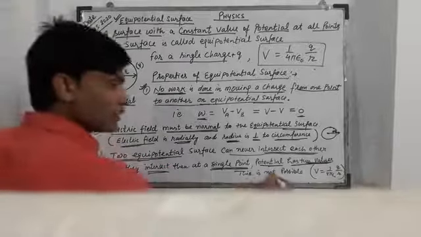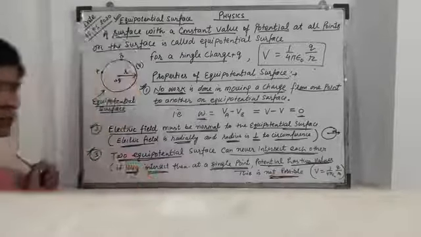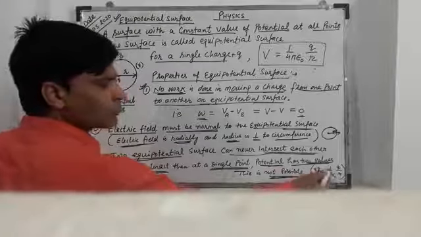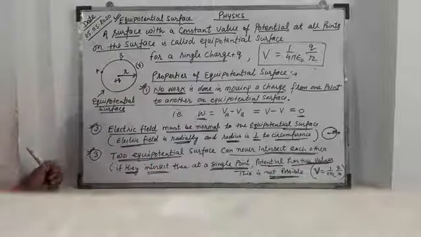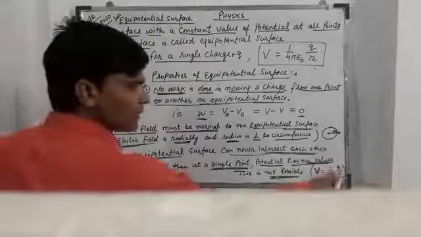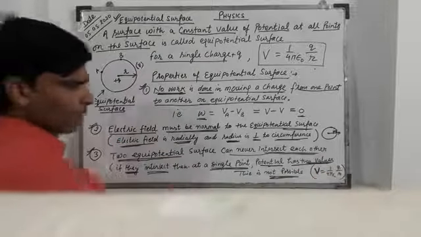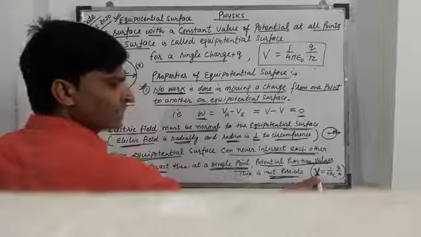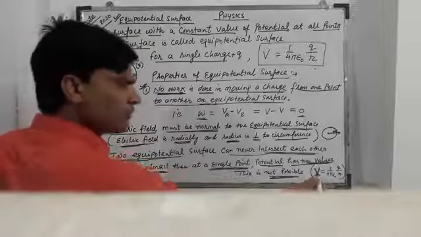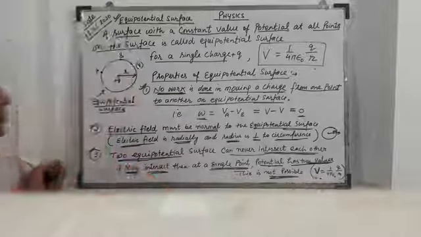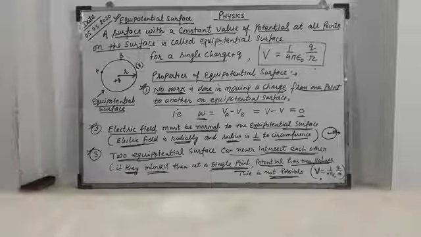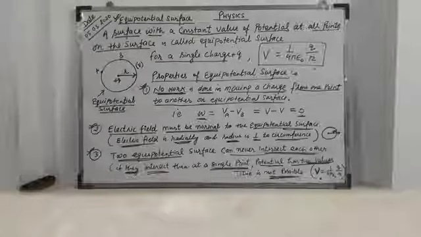And this is not possible because we have the formula V equal to 1 upon 4 pi epsilon naught Q upon R, and for a single value of R, we have a single value of V. So, these are the three properties of the equipotential surface.